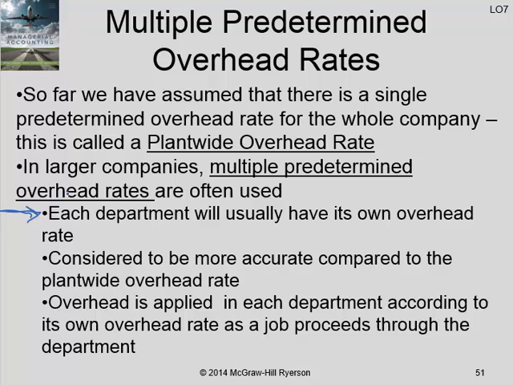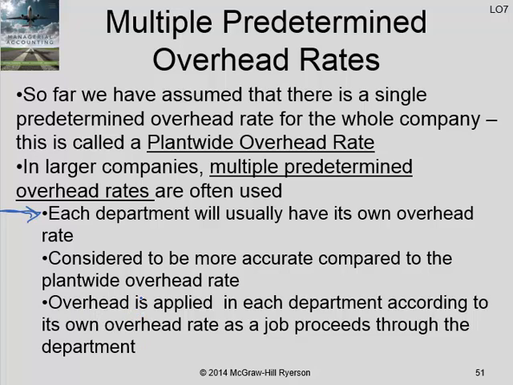And this will make sense when you've got some departments that are heavily labor driven, in which case you probably have direct labor hours as an overhead allocation base, and then other departments that are very highly automated, maybe it'll be machine hours as the driver for the allocation base for overhead there. So at the end of the day, it works more or less the same way that we've talked about so far.